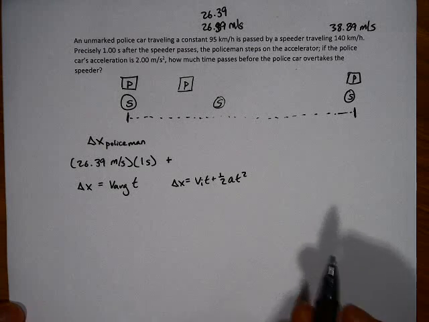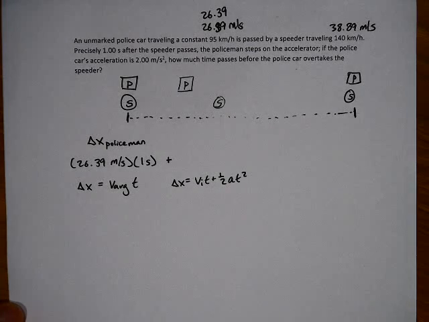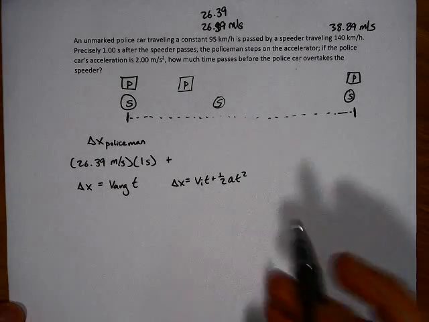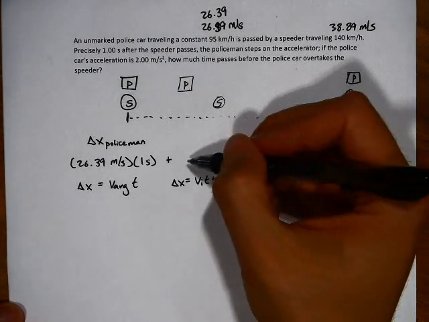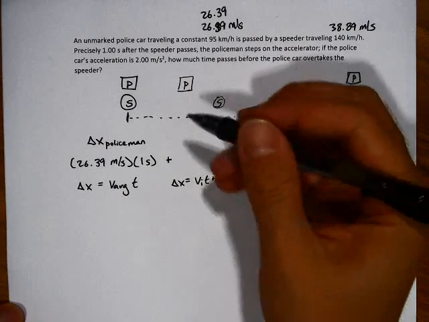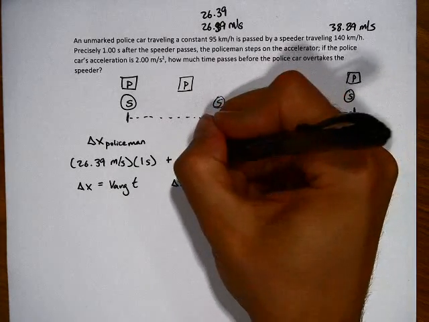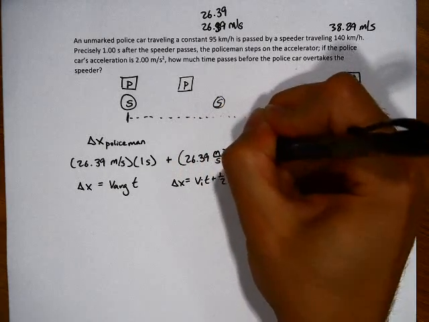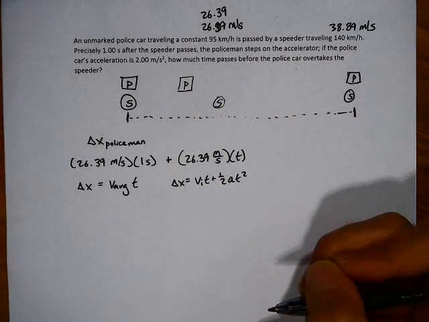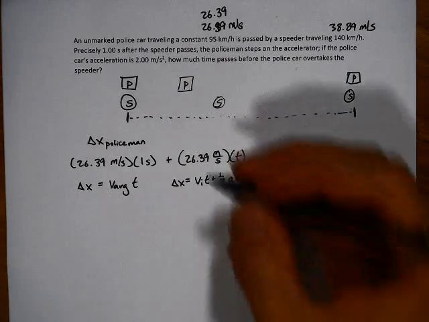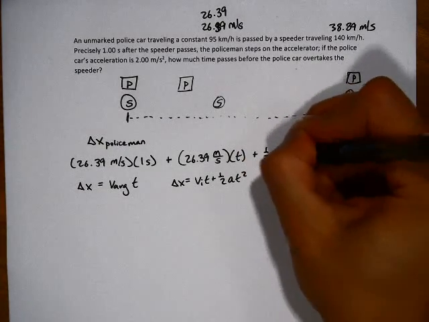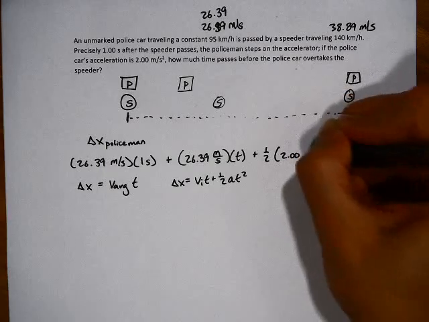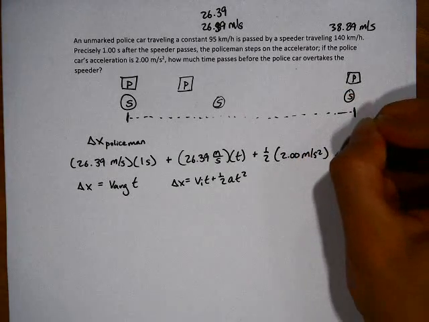So t is the unknown variable here. We're going to try to figure out how long it takes for the policeman to catch the speeder, but right now we leave t as a variable, and we say that beginning at 26.39 meters per second times t, we tack onto that plus 1/2 times acceleration, which is 2.00 meters per second squared, t squared.